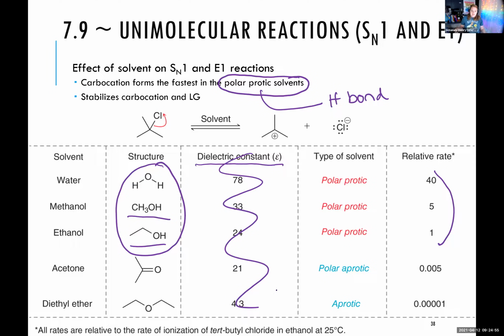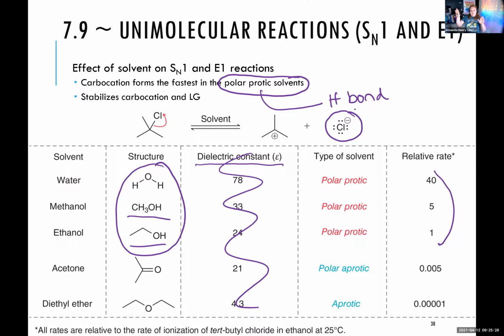The reason for that is that it can help stabilize that carbocation. One of the differences between the protic and the aprotic is whether or not it can help stabilize an anion, and our protic solvents can do that. That means that once that leaving group breaks off, that protic solvent can surround it. The reason we want that to happen is because we want our carbocation to stay a carbocation.